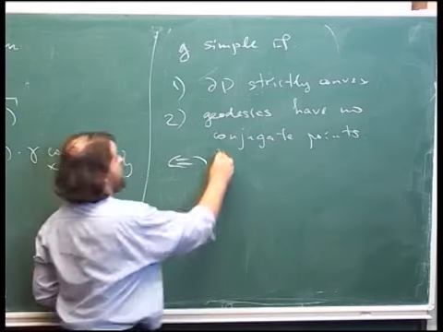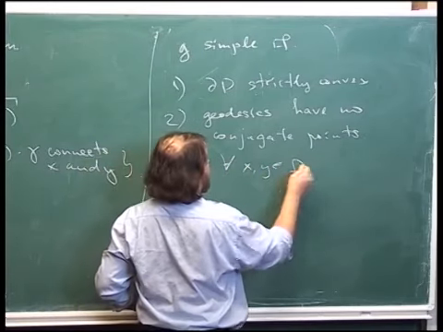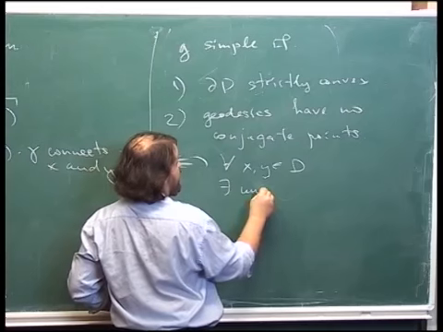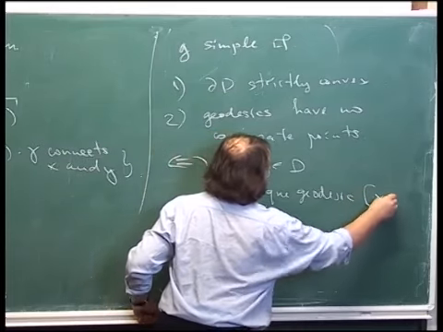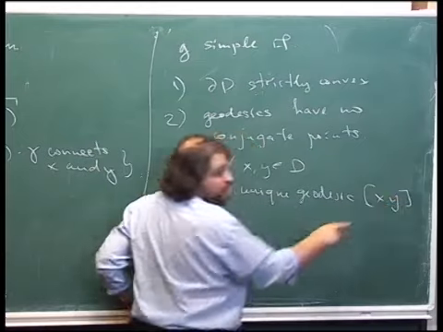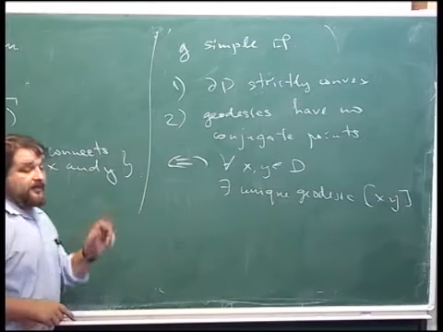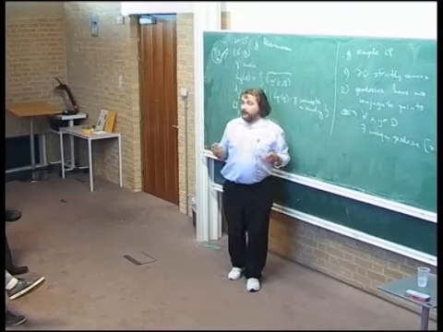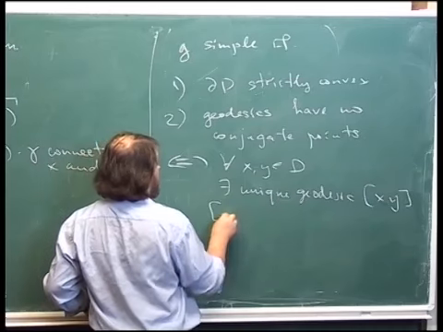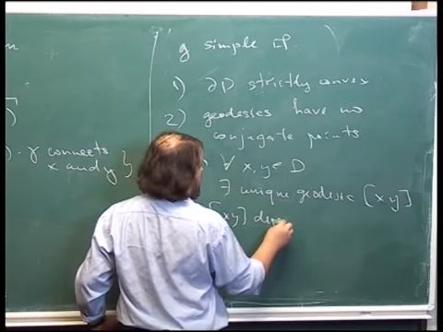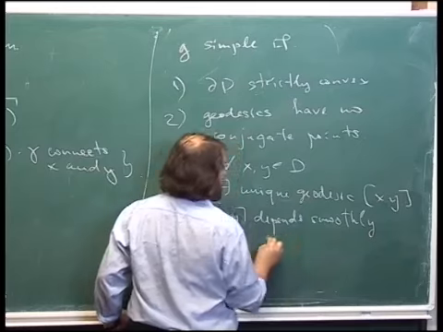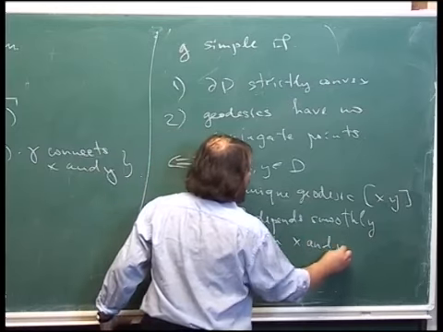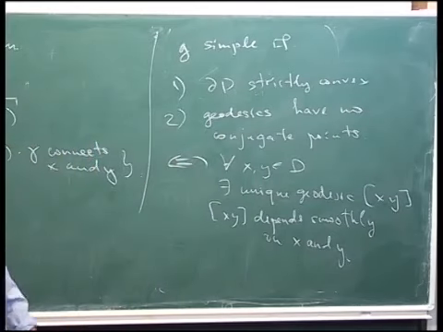For every x, y from D, there exists a unique geodesic, which I denote as a segment in the plane. And this geodesic depends smoothly on x and y. This is equivalent to saying that no geodesic has a conjugate point.